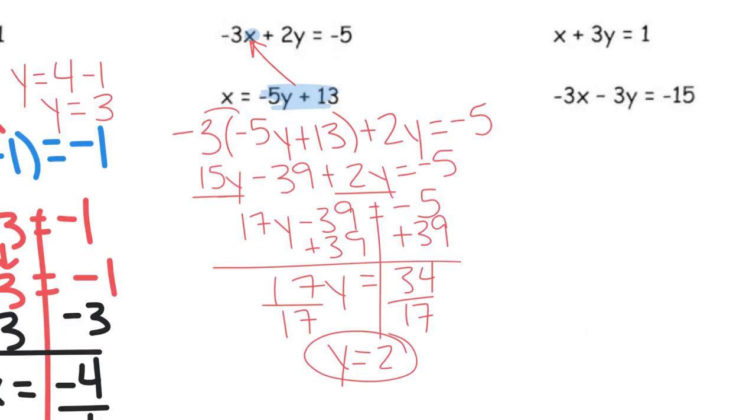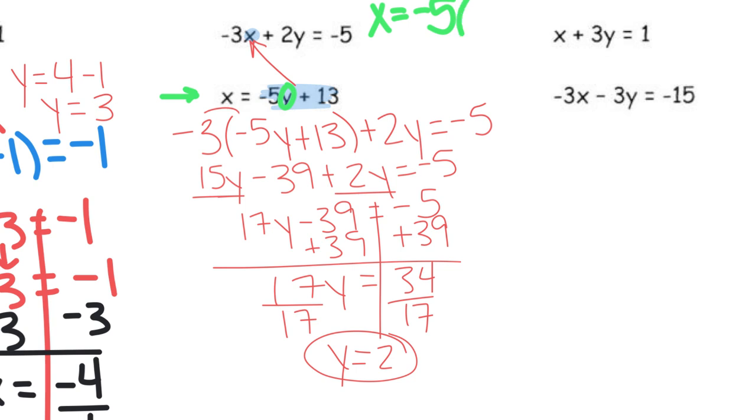All right, so now we got to go back to an original. Guys, if you have one that is x or y equals, that's usually the one that's easiest to do. And we have y equals 2, so we're putting it here. So x equals -5.